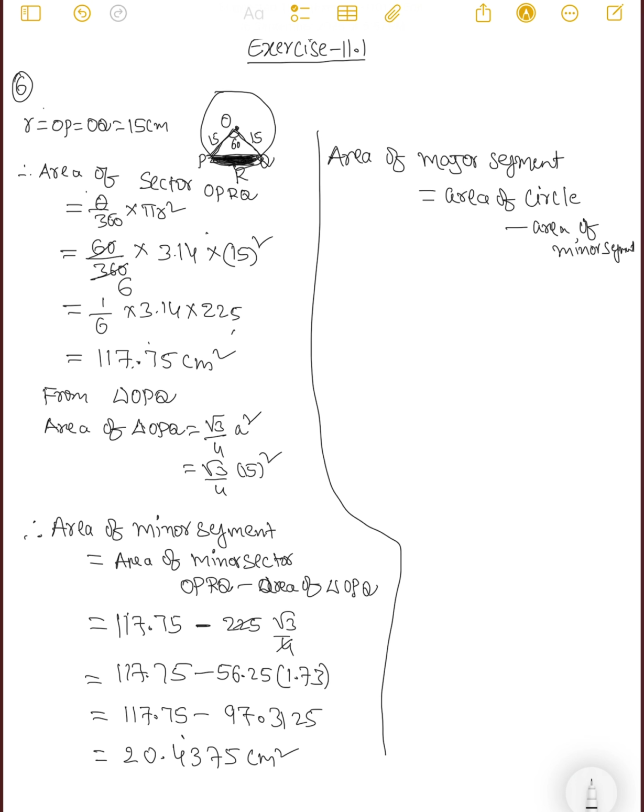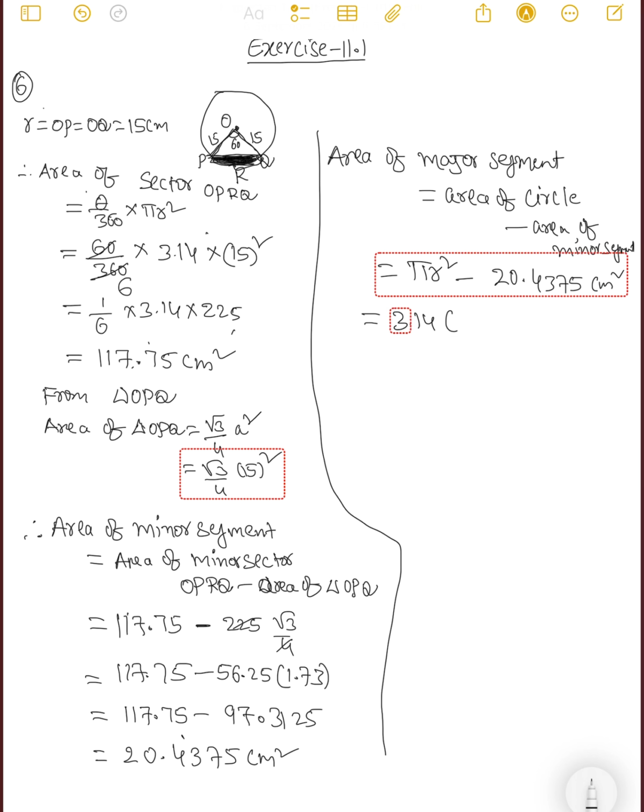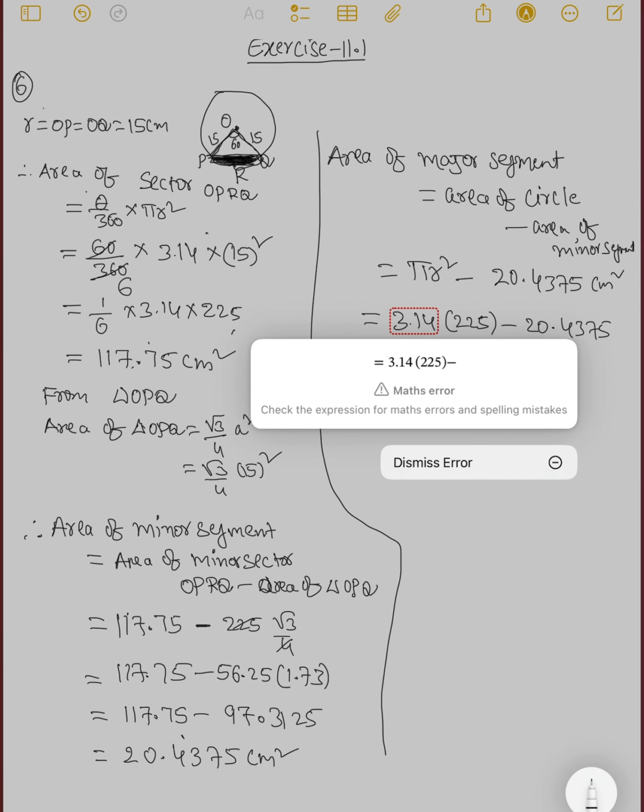We know the area of circle formula is pi r square, minus area of minor segment, whose value is 20.4375 centimeter square. Pi in this problem is 3.14. R value is 15, r square is 225, minus 20.4375.